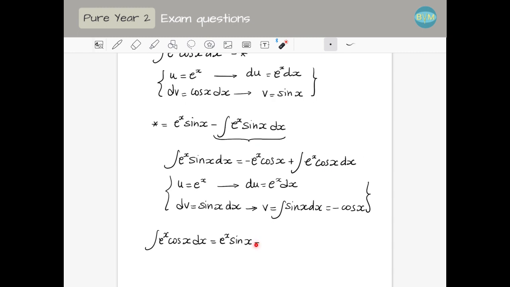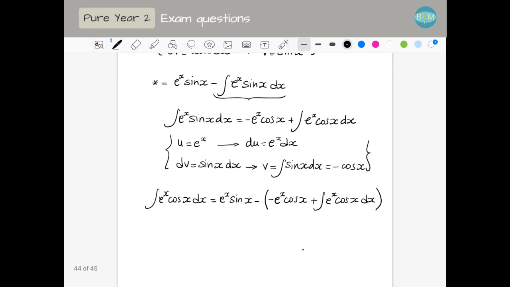So I'm going to write minus, brackets, minus e to the power of x cos x plus the integral of e to the power of x cos x dx. I'm going to expand the bracket just for the signs, and I have e to the power of x sine x, minus minus is plus, e to the power of x cos x minus the integral of e to the power of x cos x dx.